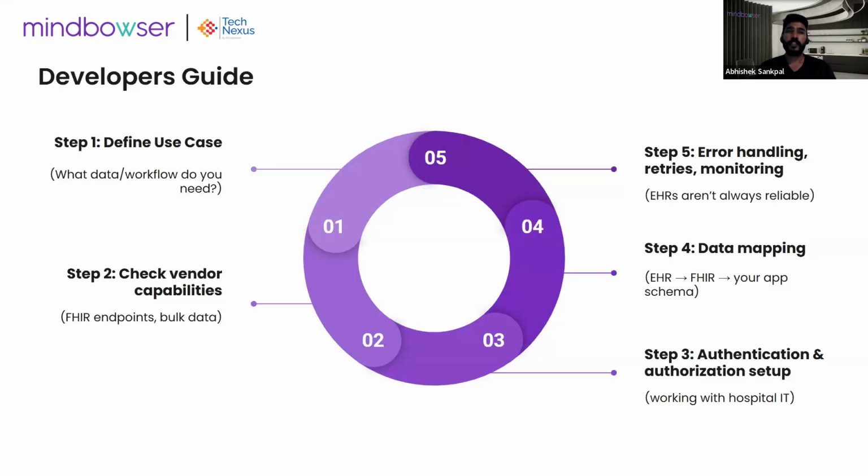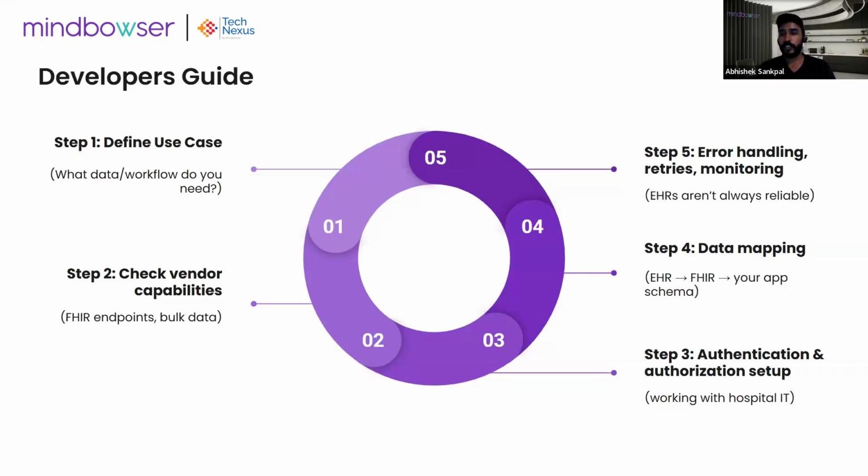Sometimes some EHRs don't share documentation because it is not publicly available. So we can raise support tickets, or connect with their team, discuss our goal, and see whether they are providing the data to us or not.